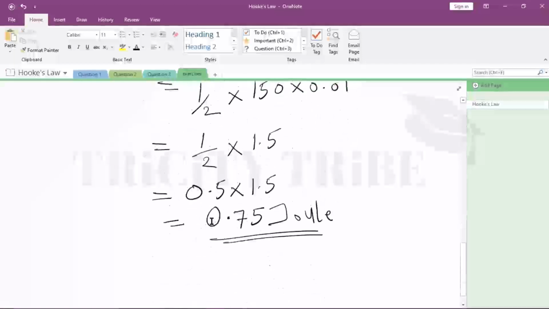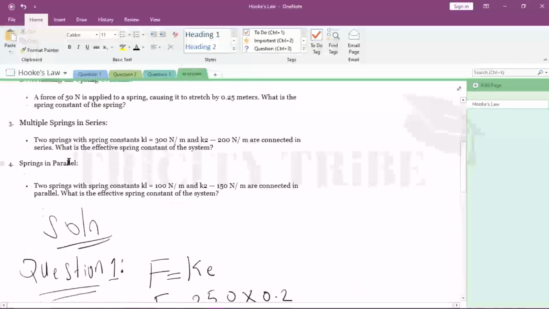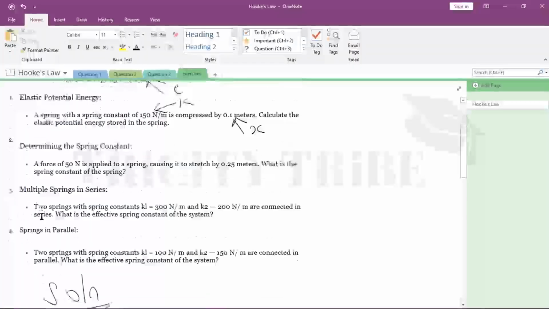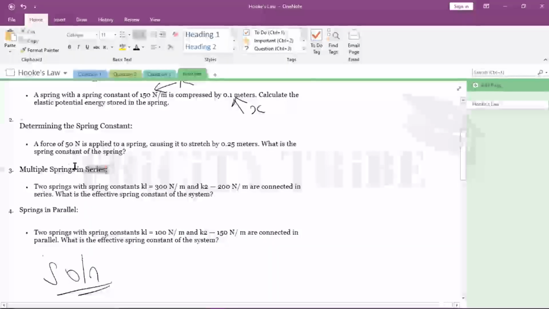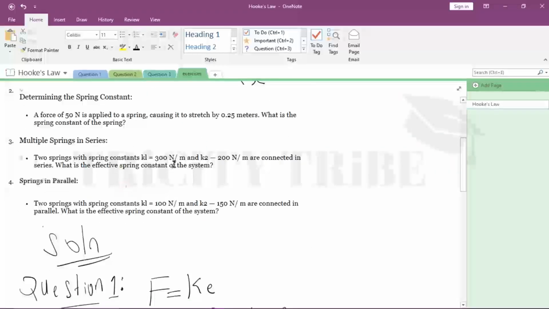Okay, so what's the next question on board? The third question now has to do with springs. The first one is springs in series. The next is springs in parallel. Here's how to solve springs in series and parallel.